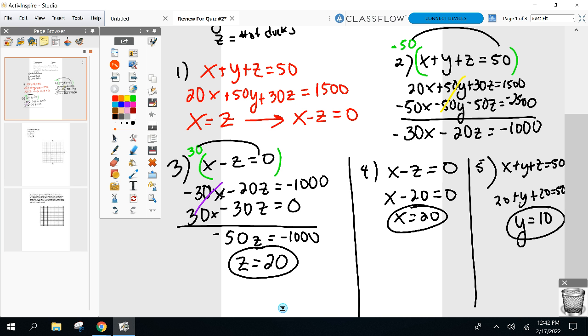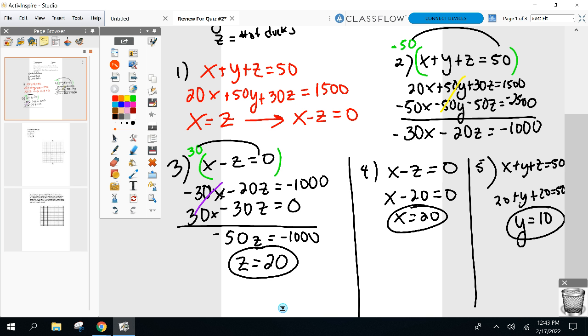So now I have these 2 equations right now. Y plus 2Z equals 50. 30Y plus 10Z equals 500. Okay, what do you multiply by? Negative 30Y minus 60Z. 50 times negative 30, negative 1500.